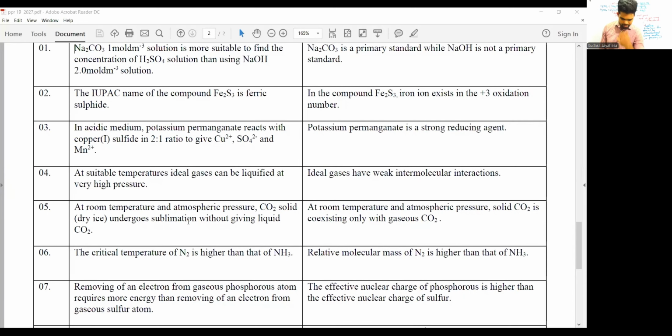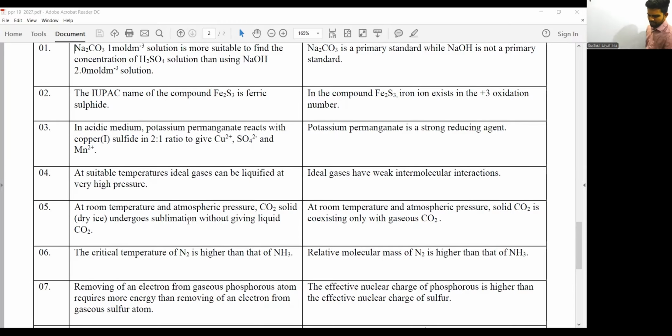The IUPAC name of the compound Fe2S3 is ferric sulfide. What do you think? Is it the IUPAC name? If it is the IUPAC name, you don't use this Latin name. You are using the English name with Roman numerals.